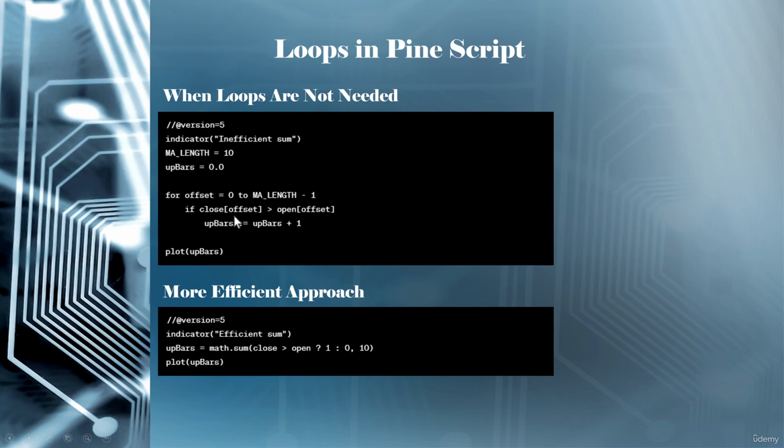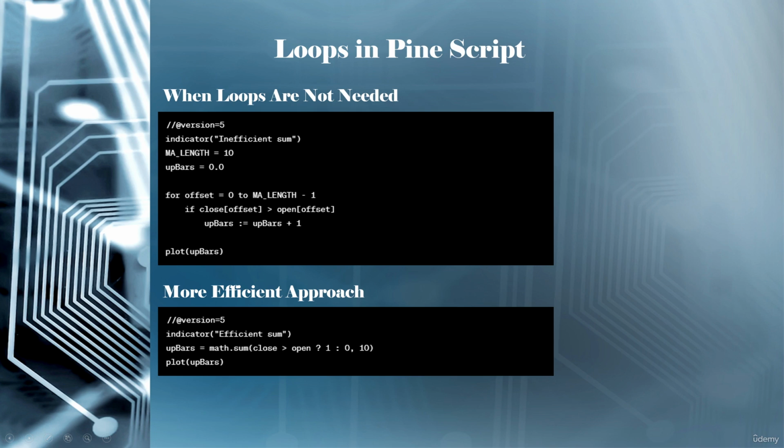And inside the loop, we check if close is bigger than open. In other words, if it's an up bar, then we increase the number of up bars by 1. So we calculate the number of up bars from the last 10 bars.